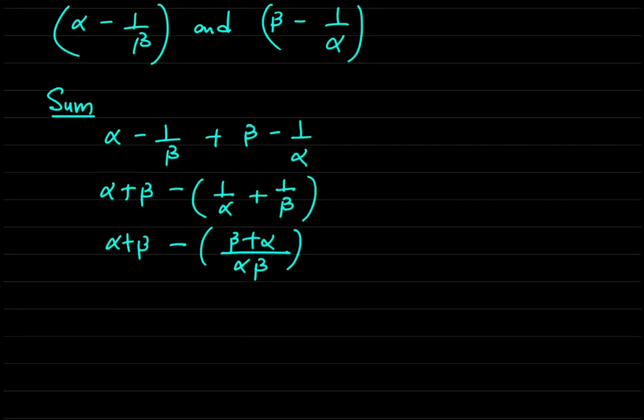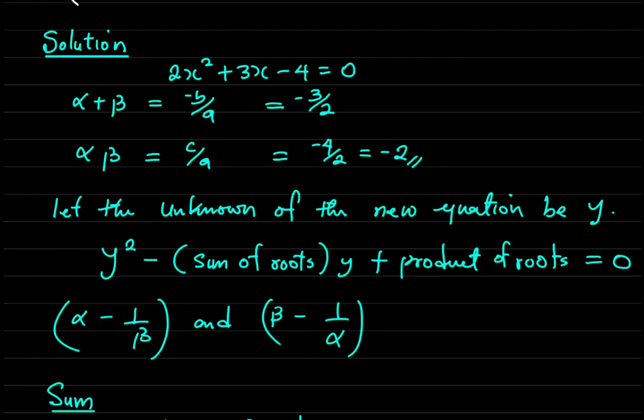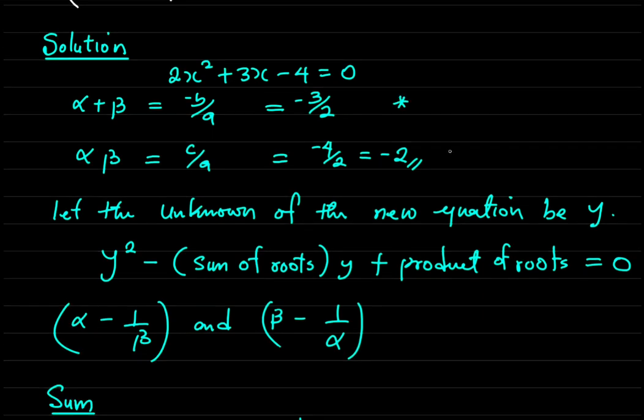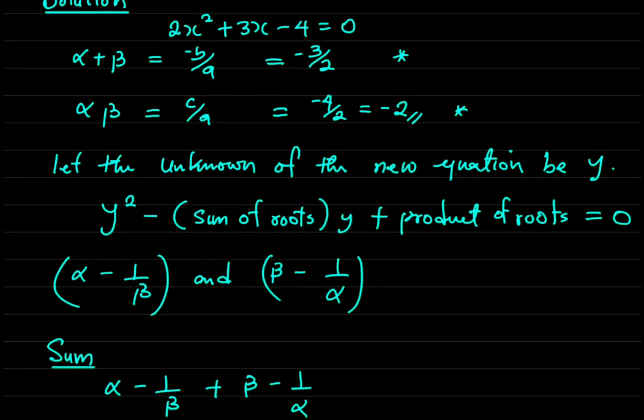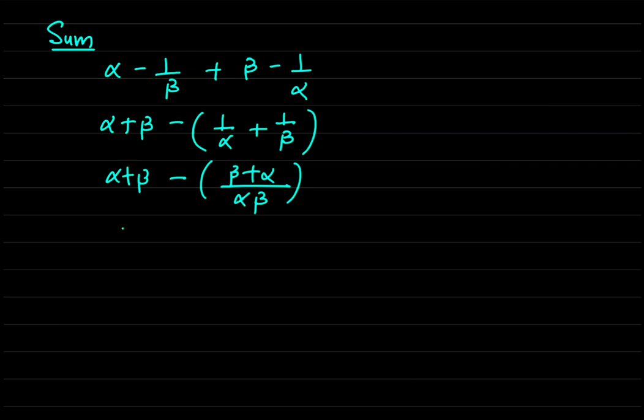But recall, what I have done now is to write this in terms of sum and product. Look at this now. We know alpha plus beta, which is minus 3 over 2, and we know alpha beta, which is minus 2. So here we are going to have minus 3 over 2 minus minus 3 over 2 all over minus 2.